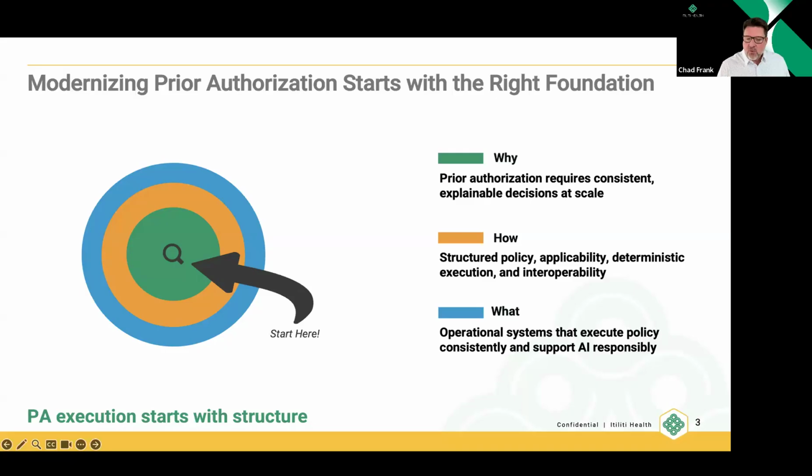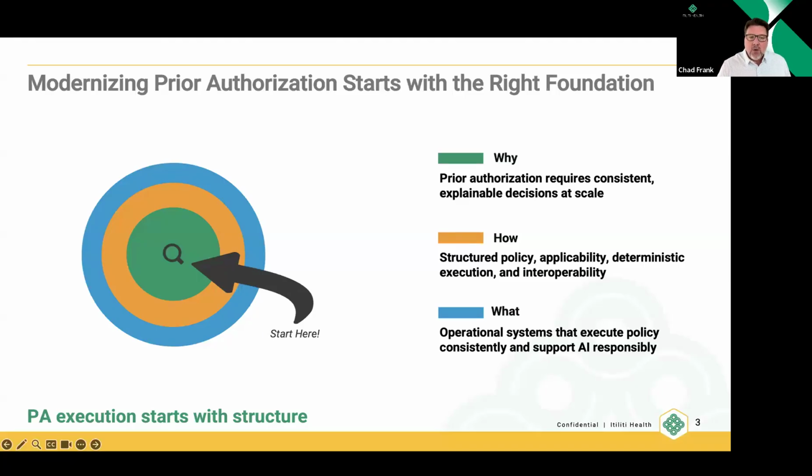And when you're doing that, the biggest term you're going to see used throughout this deck is deterministic decisioning, or deterministic execution. At its core, that means every time I go to make a decision, if I have the same inputs, I get the same outputs every single time, and it's not open to interpretation. And when you have that ability, how do I interlay that with my interoperability and all the technology and all the vendors and all the providers I'm working with?